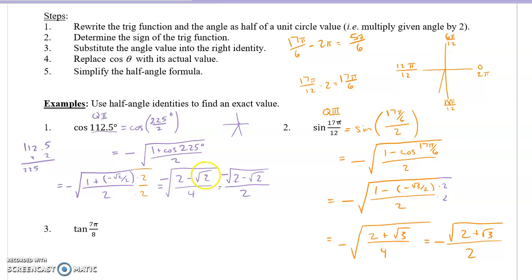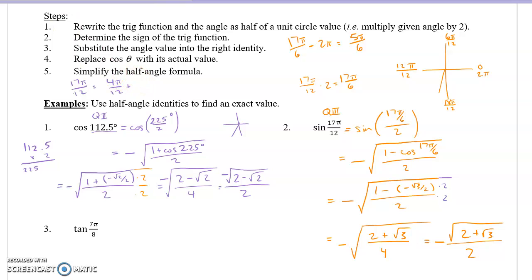All right. One thing I'll say about this one before we try the tangent formula is notice that we could have very easily done a sum identity here instead. We could have said, I know that 17 pi over 12 is the same thing as, I don't know, 4 pi over 12 plus 17 minus 4.